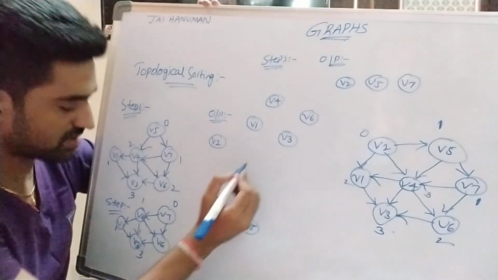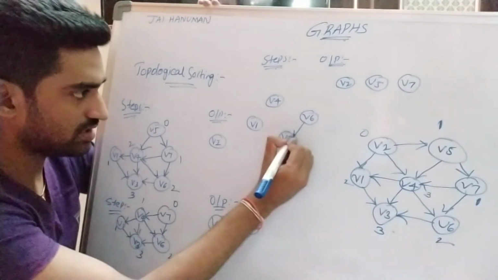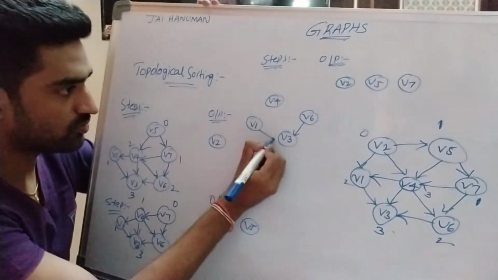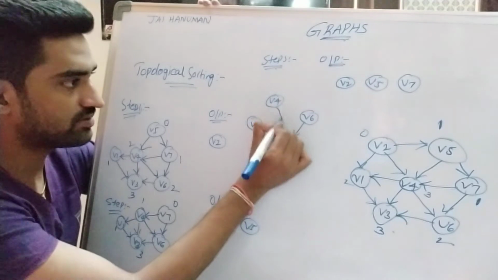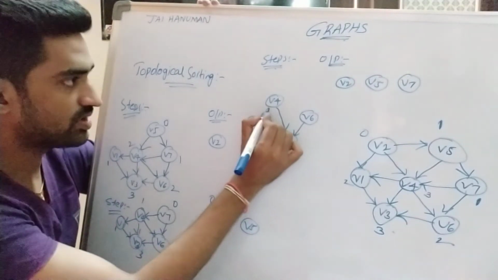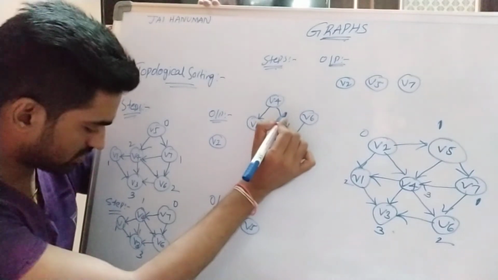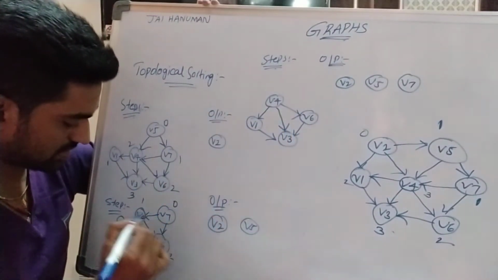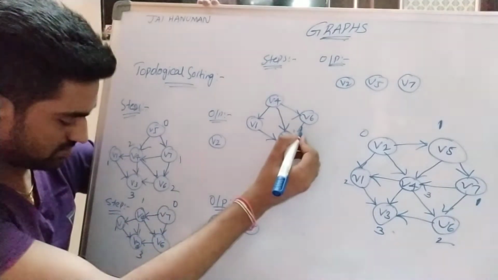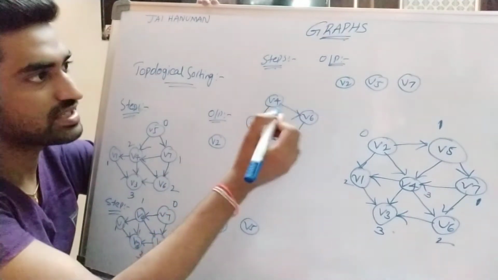So here what are the possible connections? V6 to V3, V1 to V3, V4 to V3, V4 to V1, V4 to V6, right? So these are all the possible connections after removing V7, right?